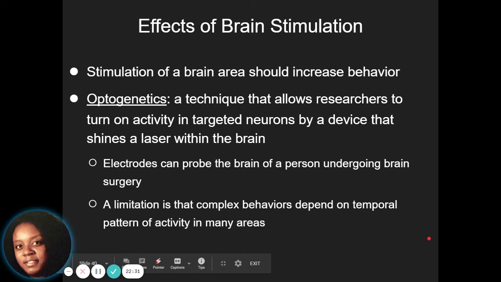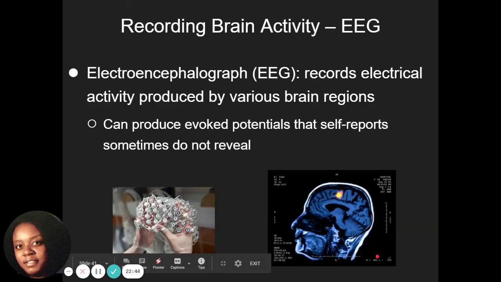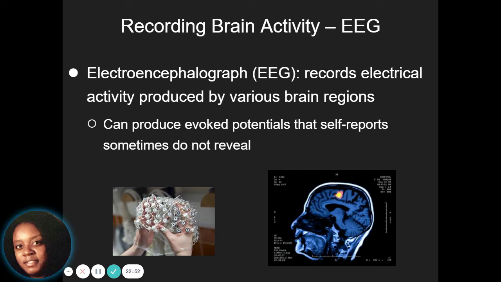That is how electrodes can determine what's taking place during brain surgery and if a person is continuing to function. An EEG is another way to record brain activity, and that's when electrodes are placed on the brain.